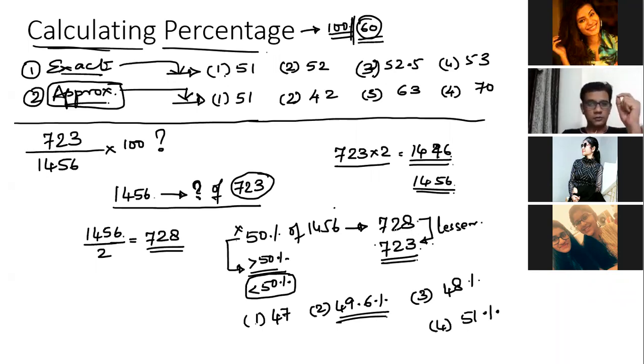What you guys have to look into is, from 728 to 723, do you have to reduce very, very less, or do you have to reduce a marginal value?